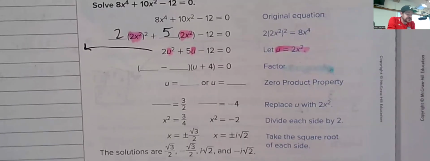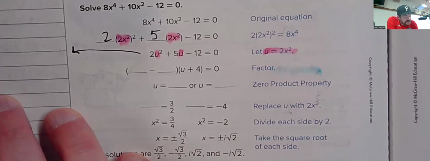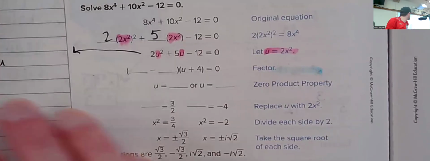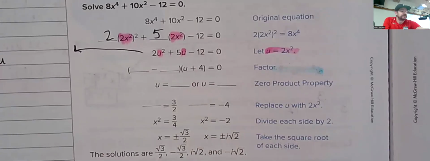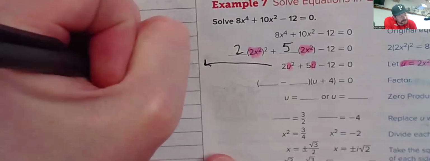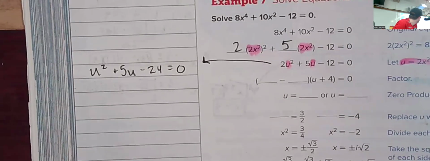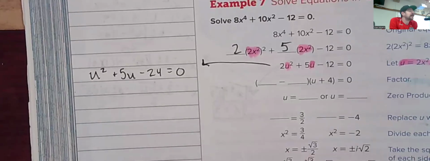So that means you're gonna multiply 2 times negative 12, and that'll give us u squared plus 5u. And then what's 2 times negative 12? Negative 24. All right, so minus 24 and then equals 0. So let's think about what 2 numbers would multiply to negative 24 and add to 5.